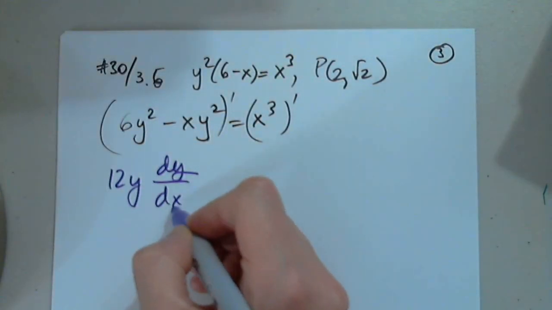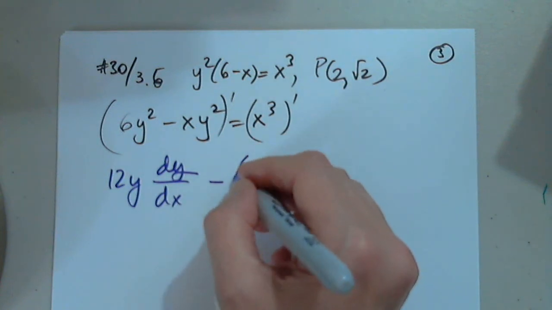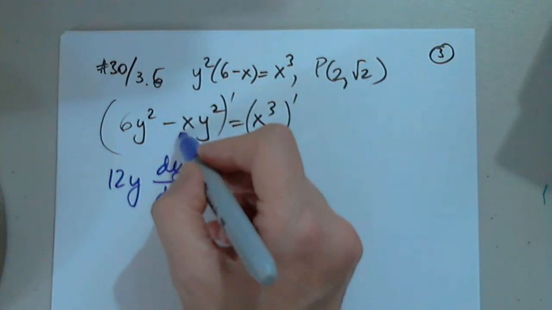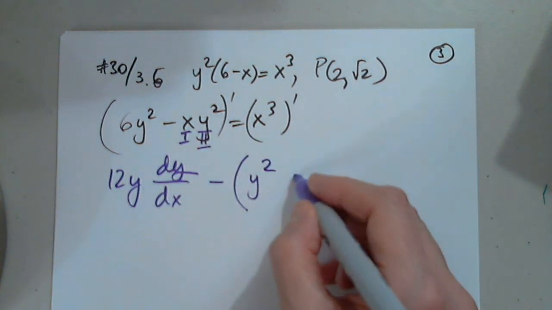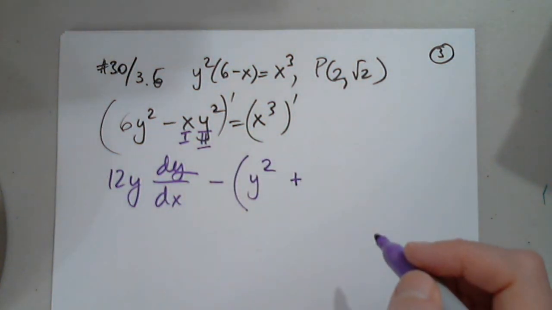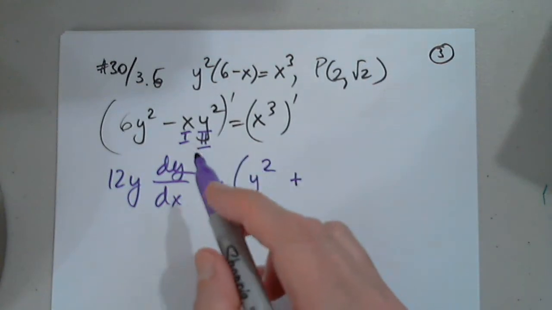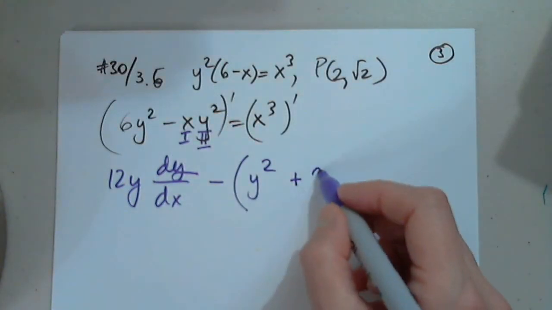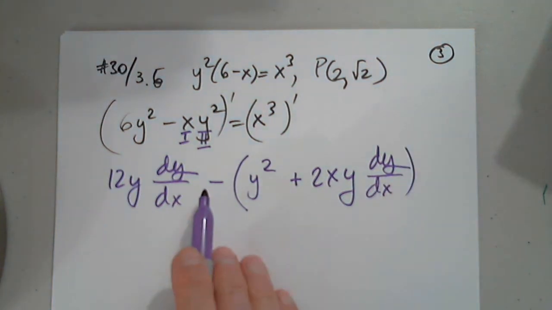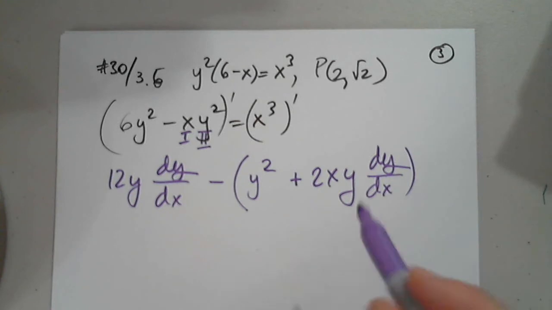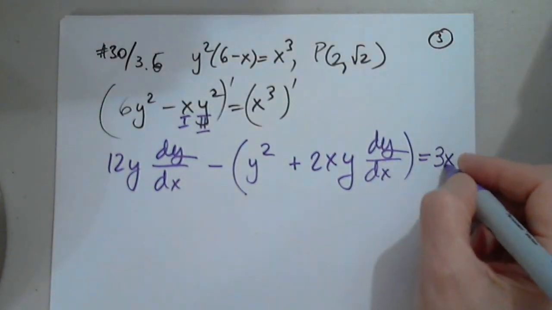Awesome. And now careful, because there is a minus sign: minus y squared, so we have function 1 and function 2, plus x times 2xy dy/dx. The reason I did that is because we don't want to forget to distribute a negative sign later on. The right-hand side is friendly and nice, it is 3x squared.